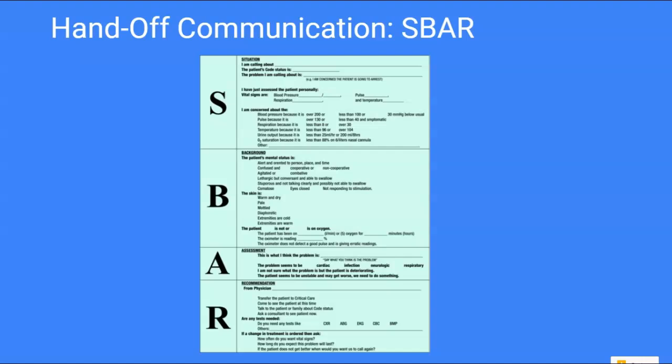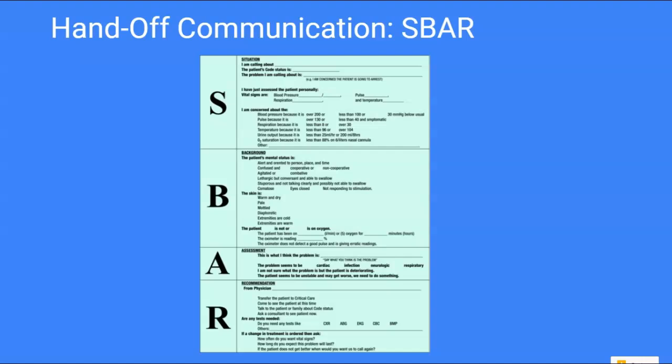His vitals are, and we tell them some vitals. And then you can go into the background. So the background would be the patient is alert and oriented, ambulates on own, is on oxygen. We do have an IV, fluids running, and then your assessment would be any of the issues you have found.